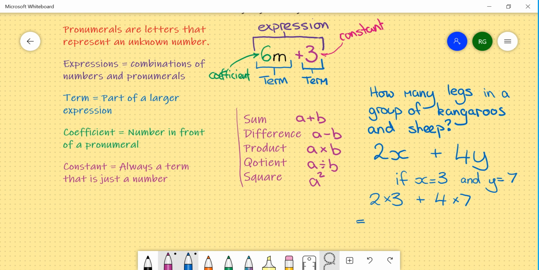That expression would give us 6 plus 28. And in total, we would have 34 legs. Now, if we change the number of animals, the number of legs also would change.